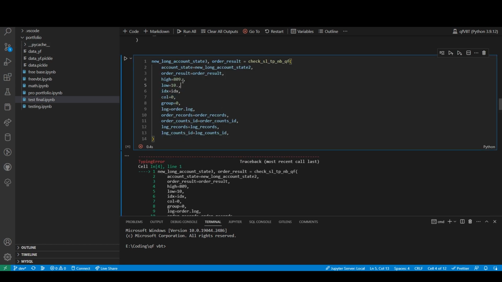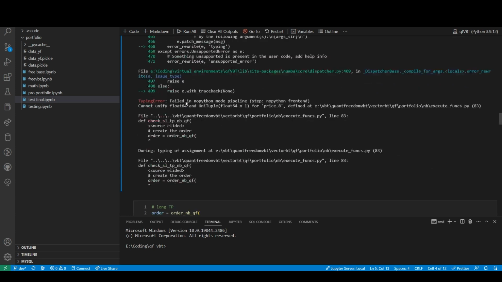I'm assuming it's because I had these as floats, but they weren't sent as floats. So, cannot unify float 64 and unituple float x1. Line 83, order in B. Huh?